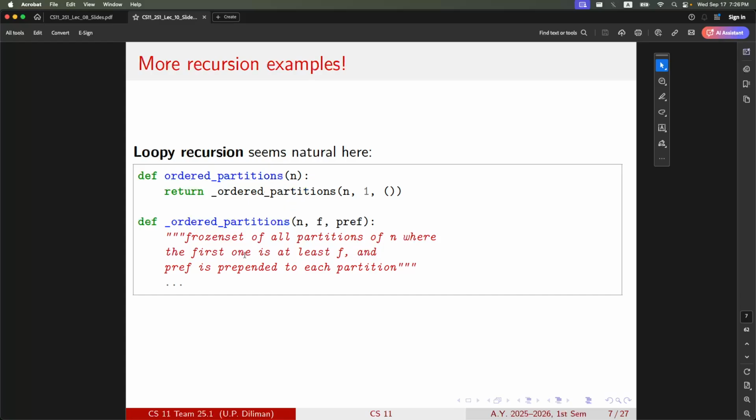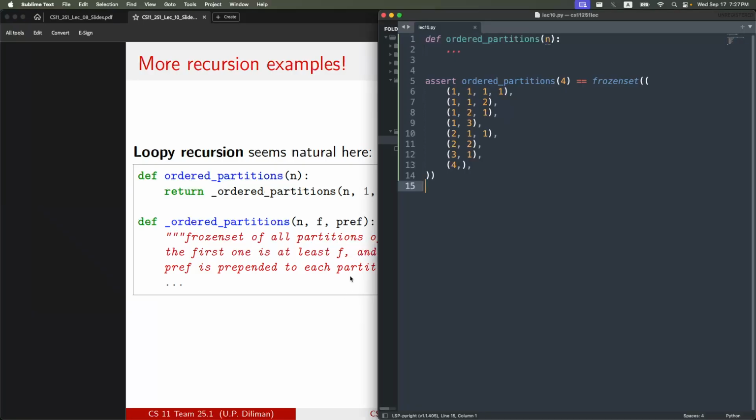To summarize, this function will return a frozen set containing all partitions of n, where the first one is at least f, and pref is prepended to each partition. Okay, let's try to write down this function.